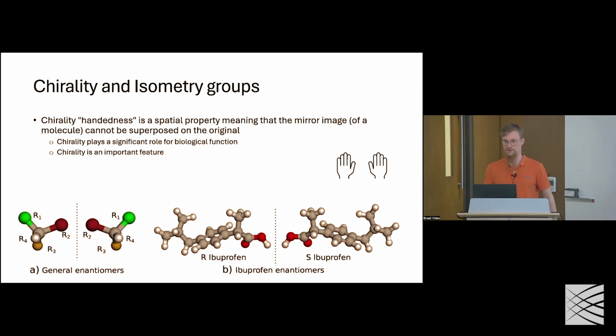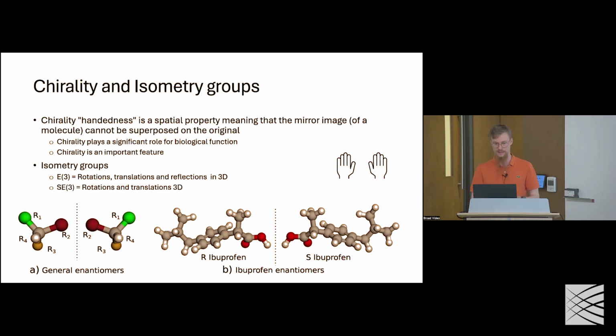You actually have to have a reflection. And chirality is quite important in biology. For example, metabolization is dependent on the chiral enantiomer, and also here the ibuprofen is only effective in one of the enantiomers. So chirality is an important feature.